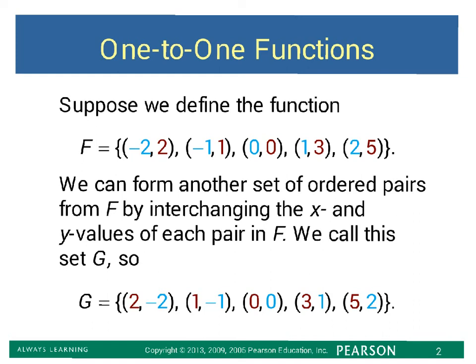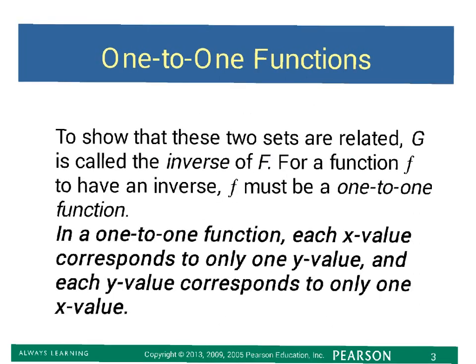All the x and y values of your function are flipped, are reversed, and that's what makes an inverse function. So this right here, g, ends up being our inverse of our defined function f. These two functions are called inverse functions. They're inverses of each other.